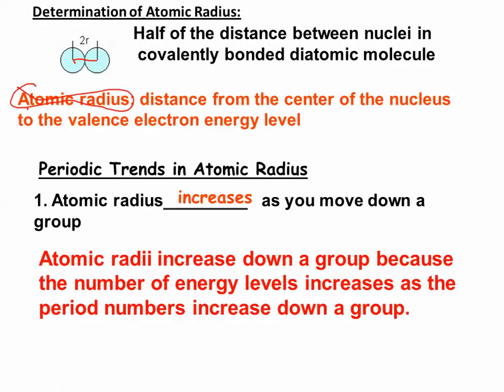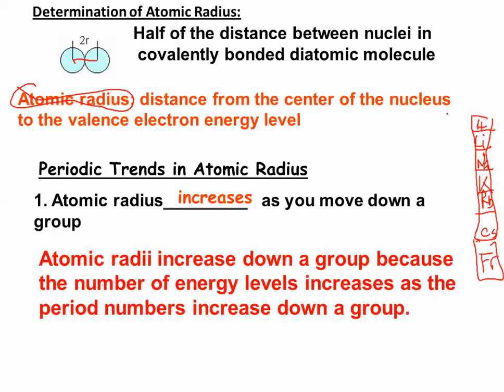And I should have had a periodic table on that one too, but let's just say basically you had group 1, right? So here's group 1, there's 7 of them: hydrogen, lithium, sodium, potassium, rubidium, cesium, and francium.